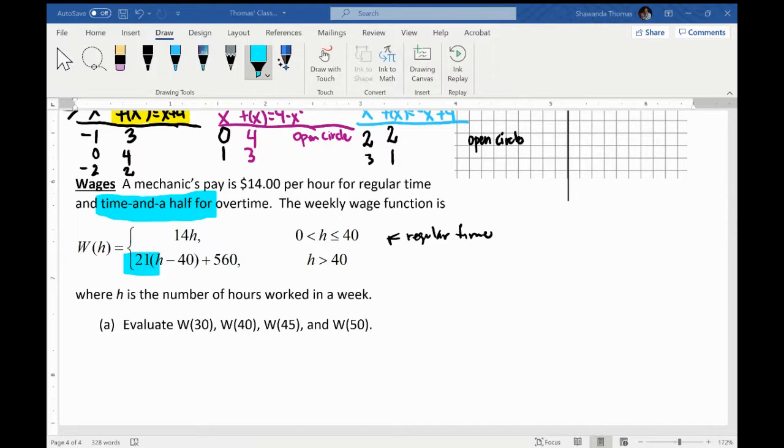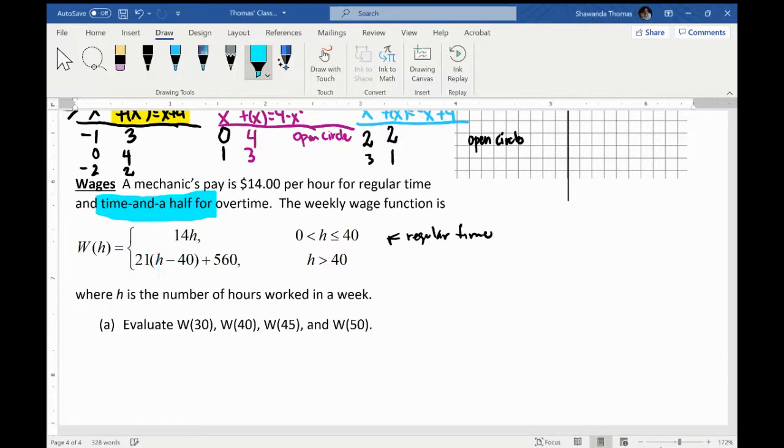So for overtime, not only do you get the $14, you also get half of the $14. So 14 plus 7 is 21. Everybody gets that for overtime? I'm not sure everybody understands time and a half, but that's what it means. Very good. All right, we got 21 down. We're trying to understand this function.